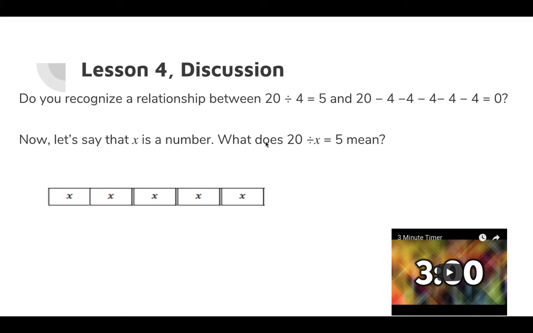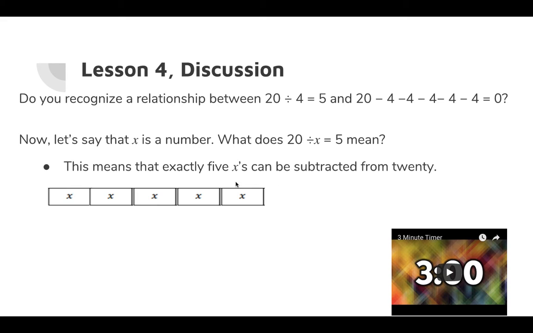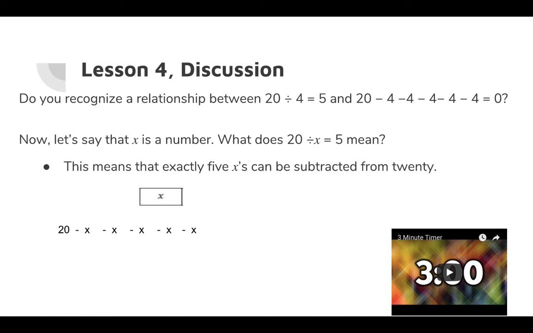What does that mean? It means that exactly 5 x's can be subtracted from 20. So 20 minus x, 20 minus x, 20 minus x, 20 minus x, and 20 minus x, and that should equal 0.